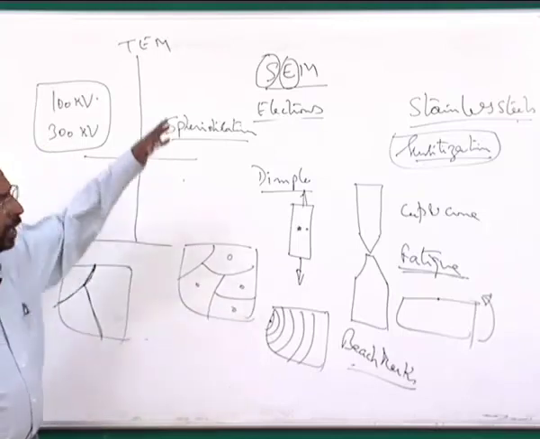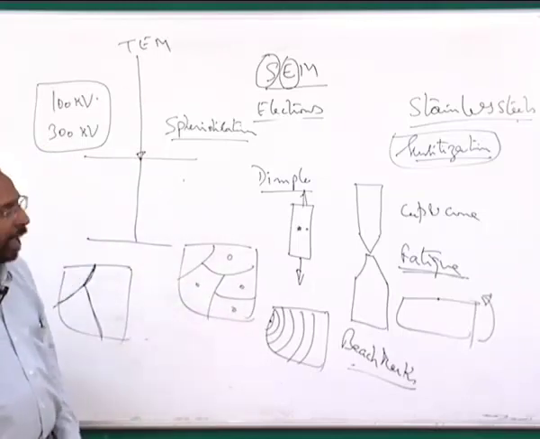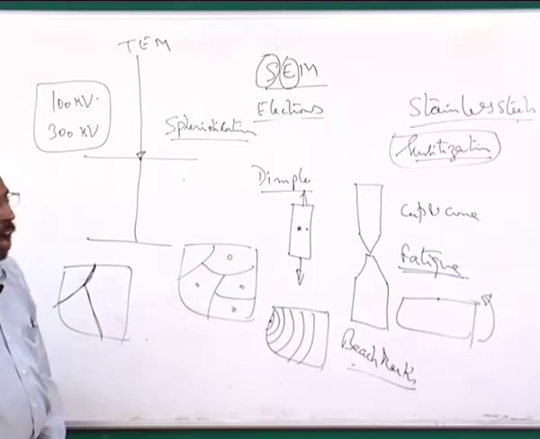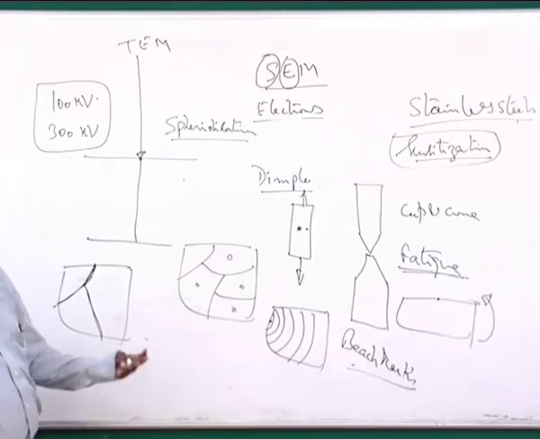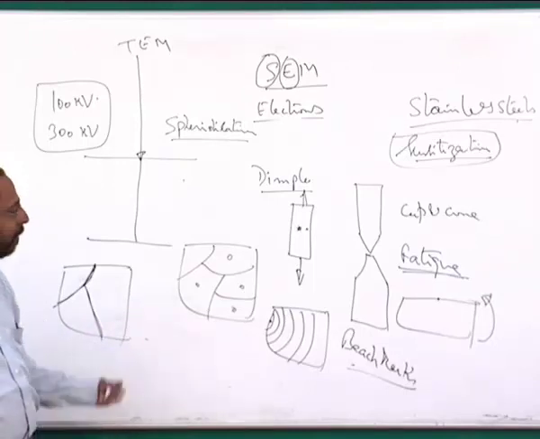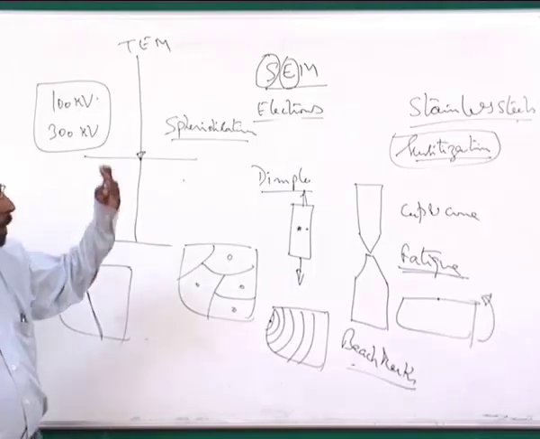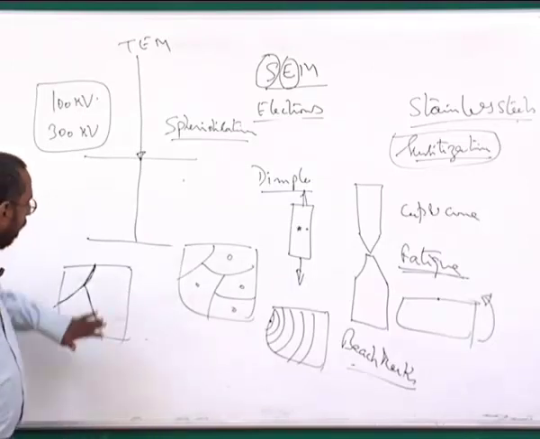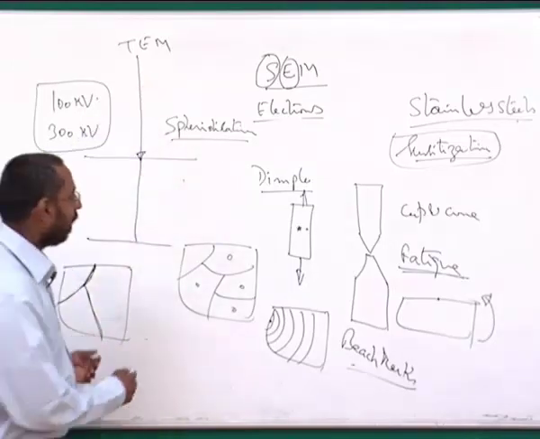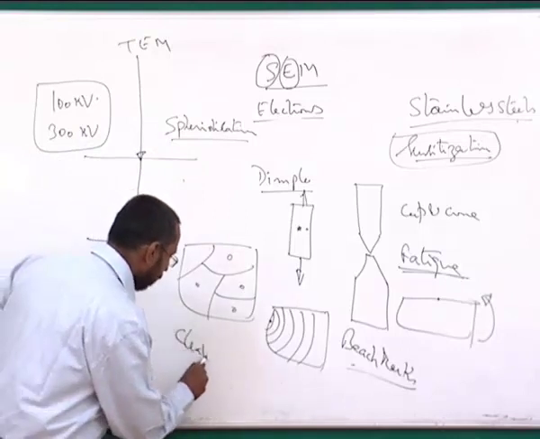So whether a material has undergone fracture under tension or under fatigue or under impact can be easily seen. For example, if a material fractures in a brittle fashion, you will just see what is called a cleavage fracture.